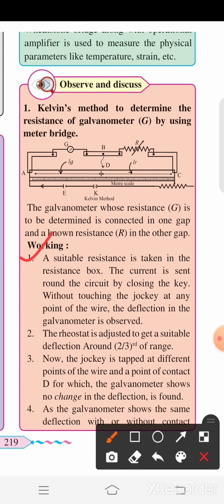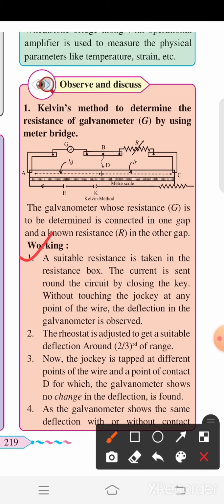After that, the rheostat is adjusted to get the deflection around the middle one third of the metal wire AC, that is around two-thirds of the range. Now the jockey is placed at different points of wire AC.